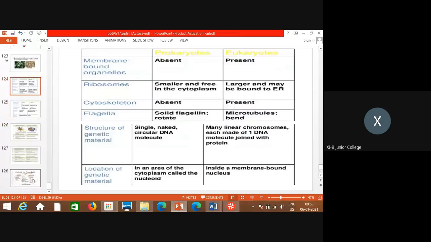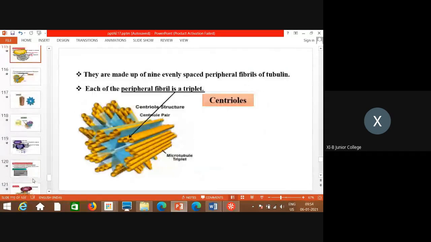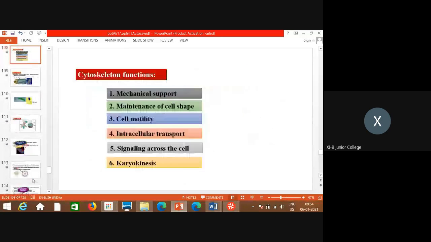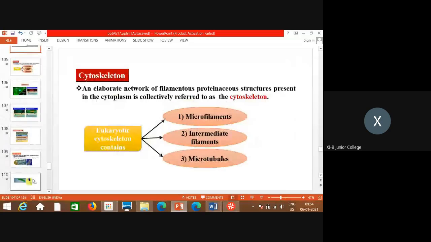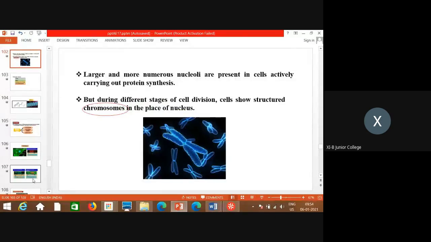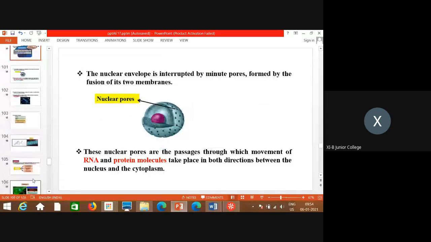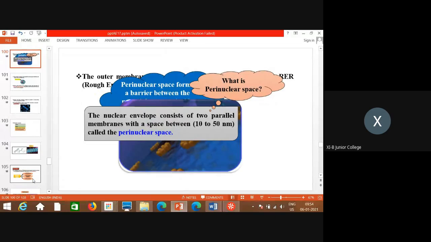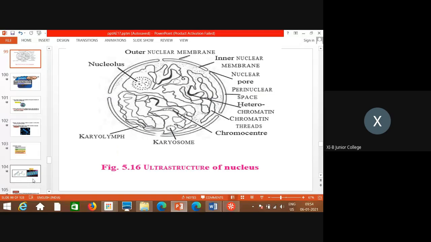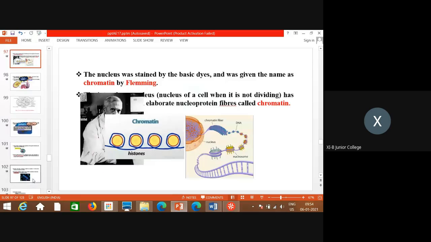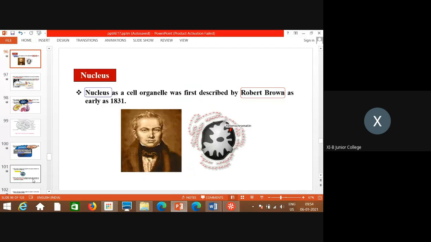I hope you have understood, and that is the end of the chapter. We have already discussed all the parts, all the organelles, the structure of the prokaryotic cell, the structure of the eukaryotic cell, then the different organelles present in the prokaryotic cell and in the eukaryotic cell. So today what we discussed, I will revise within a minute. That is the nucleus, its structure and functions.